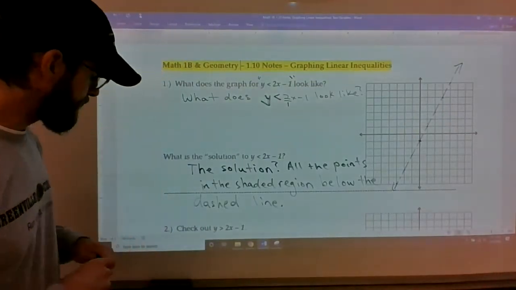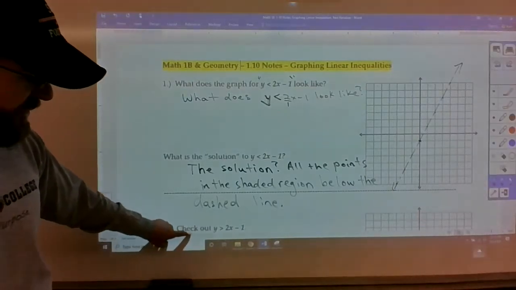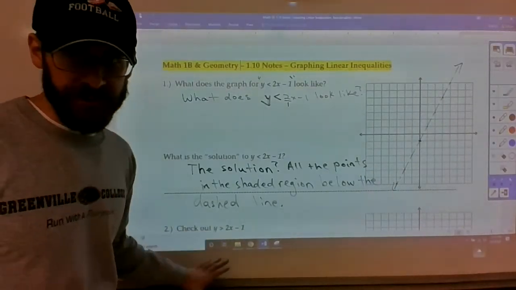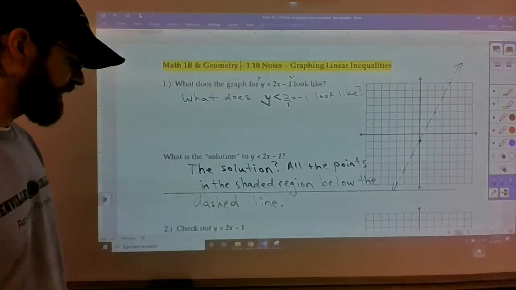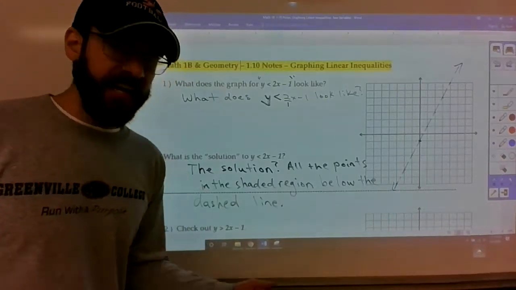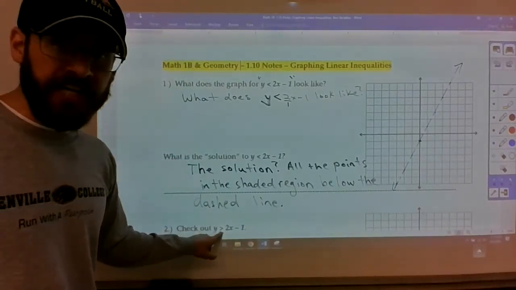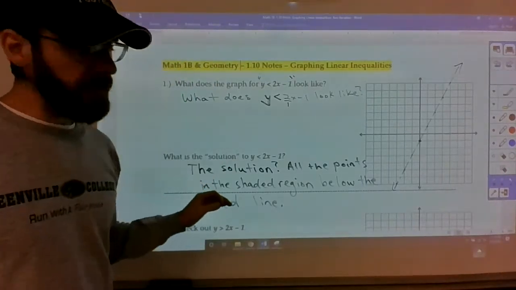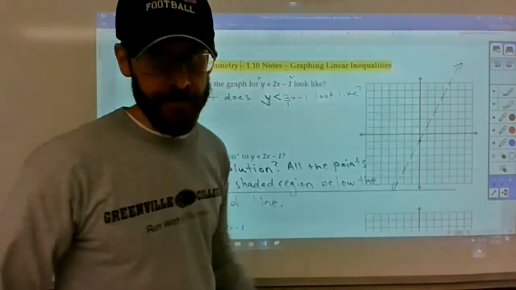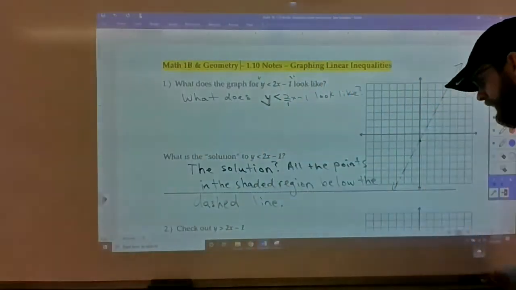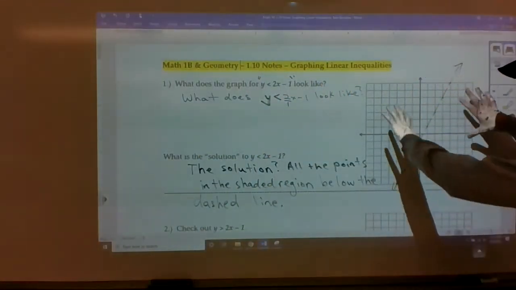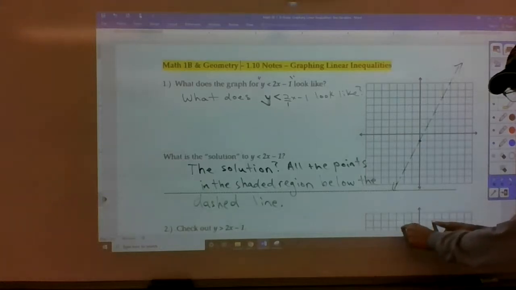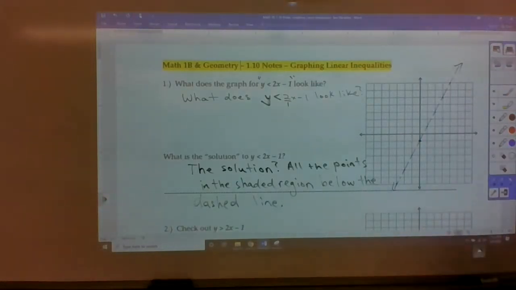Okay. Now, below this, I told you guys to check out y is greater than 2x minus 1. It's basically the same thing, except instead of shading underneath, you're shading overhead, because greater than means above this line. So I'm just going to use this same grid space, but you should graph it in the grid provided below.